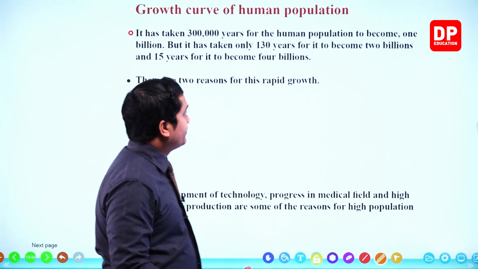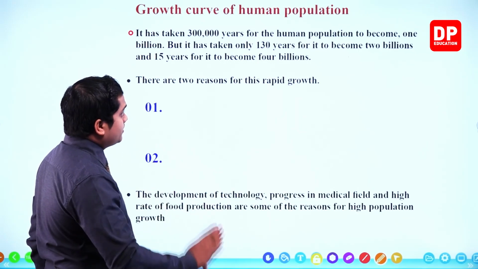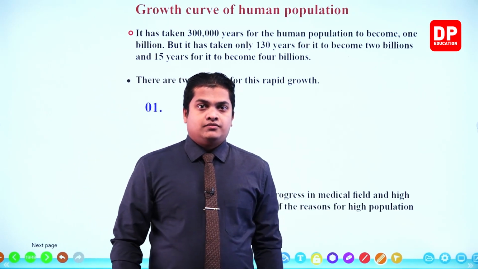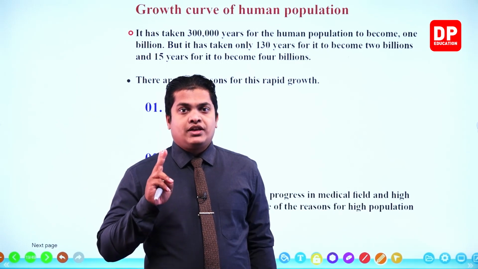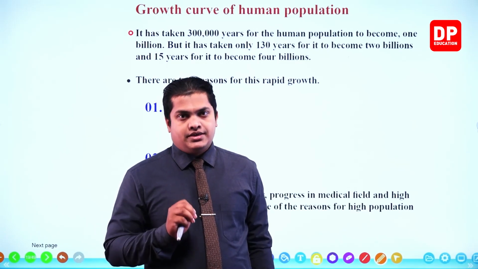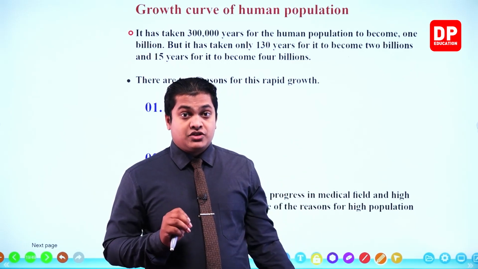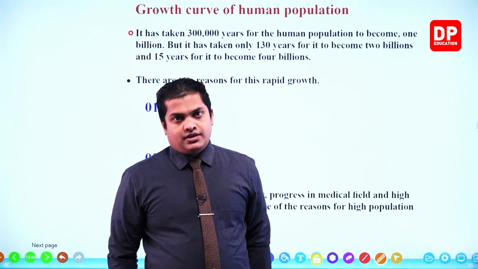Then let's see what has happened. It has taken only 130 years for it to become 2 billion. From 300,000 years to become twice as that, it took only 130 years.